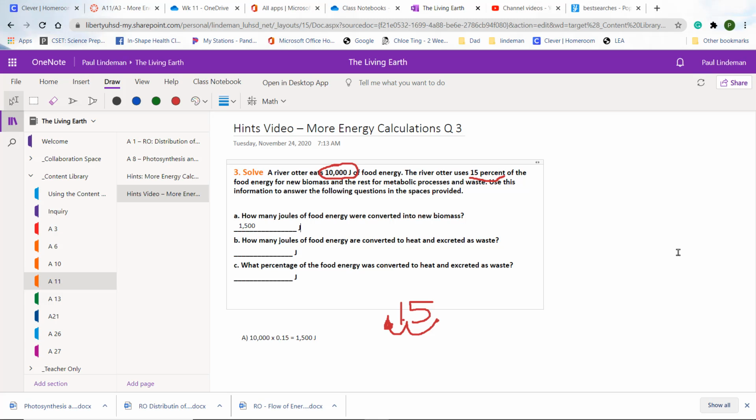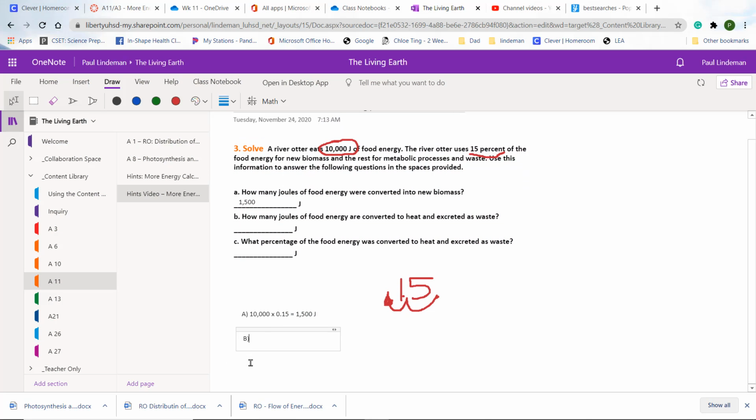Okay, so the next one, heat and excreted as waste. That is going to be the rest of this, so that's going to be 85% of this. So we have our 10,000, and we're taking the rest of it, 85%.